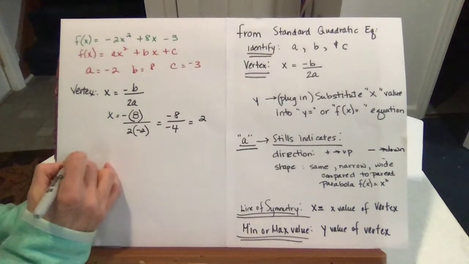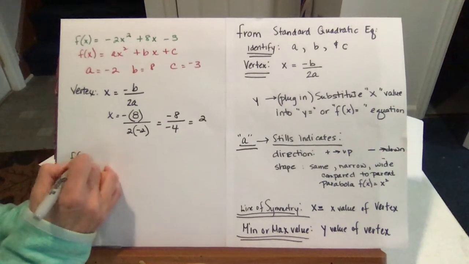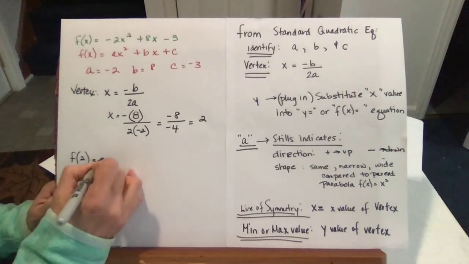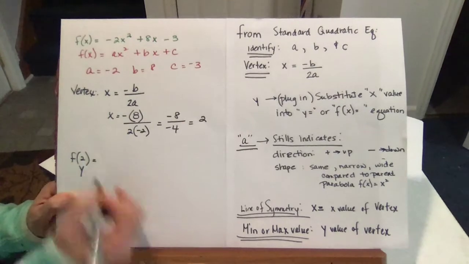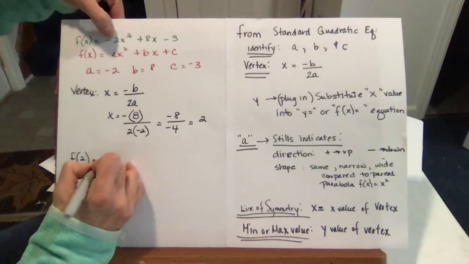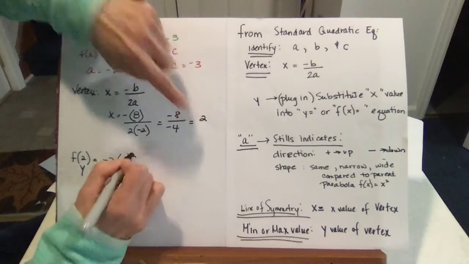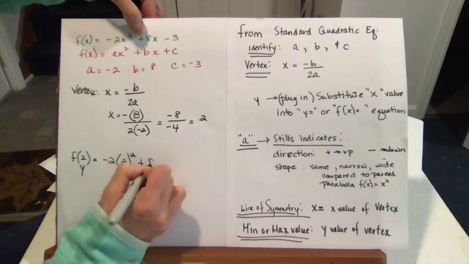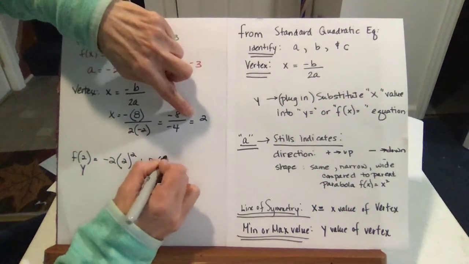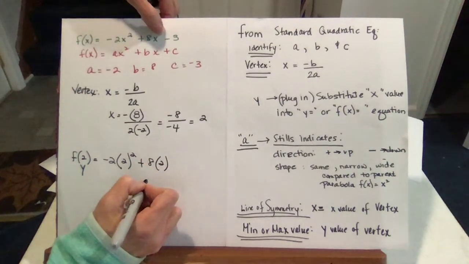So now if we want to get our y value, we're plugging in that 2 for x. So f of 2, which is also y, is equal to -2 times this 2 that we're going to plug in and square it, plus 8 times this 2 that we found for x vertex and put it in, and then -3.